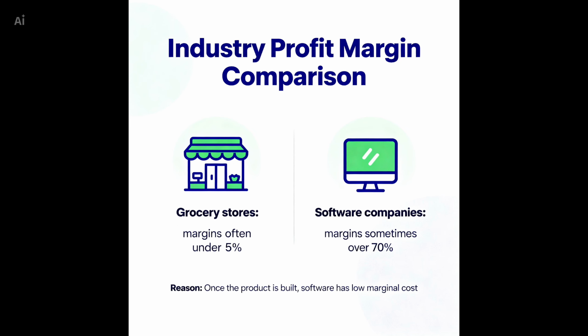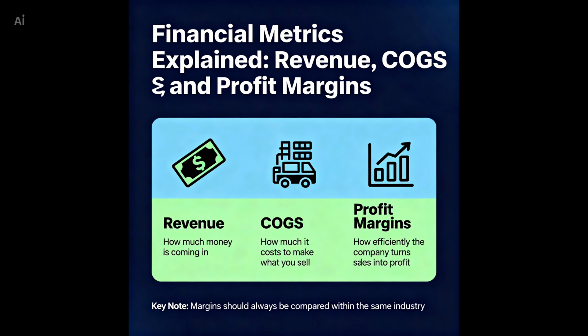Different industries have very different margins. For example, grocery stores have very low margins, often under 5%, though a software company can have very high margins, sometimes over 70%, because once the product is built, it's cheap to sell again. So margins should always be compared within the same industry.